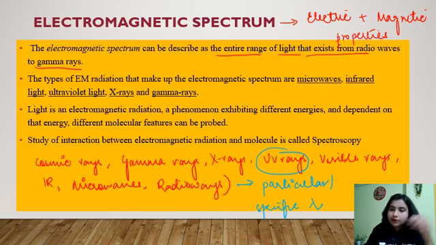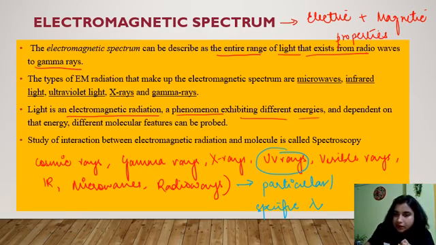So it includes different ranges of wavelength. According to the different ranges of wavelength, we name them cosmic rays, gamma rays, X-rays, UV rays, visible rays, infrared rays, microwaves, and radio waves. Light is an electromagnetic radiation, a phenomenon exhibiting different energies, and depending on that energy, different molecular features can be probed.